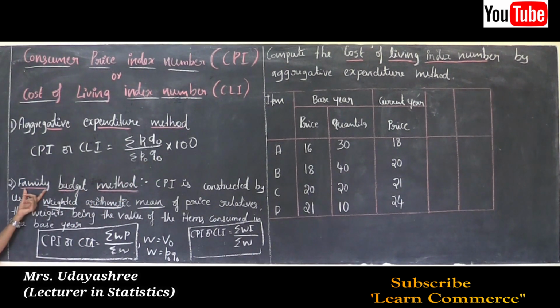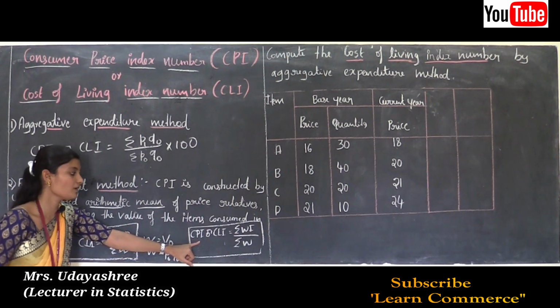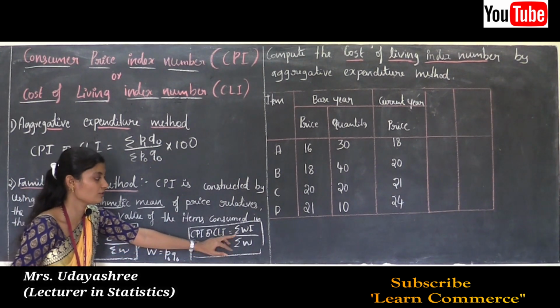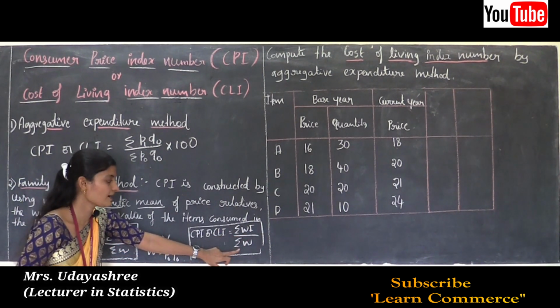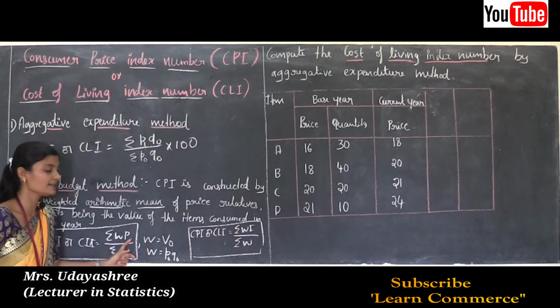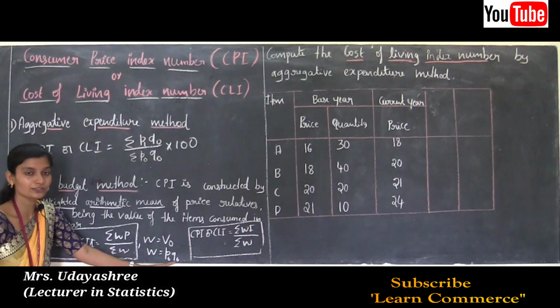And to construct family budget method, there are two formulas. One formula is CPI or CLI is equal to sum of WP divided by sum of W. Another formula is CPI or CLI is equal to sum of WI divided by sum of W. Here I is group index, P is price relative, W is weight, or W is P0 into Q0.